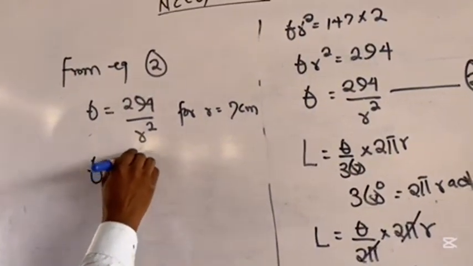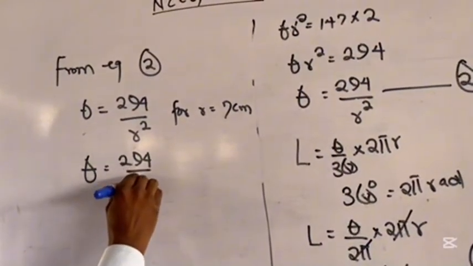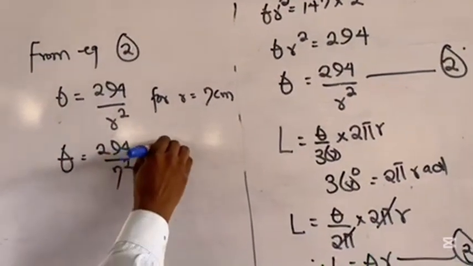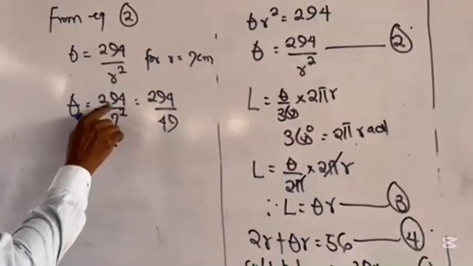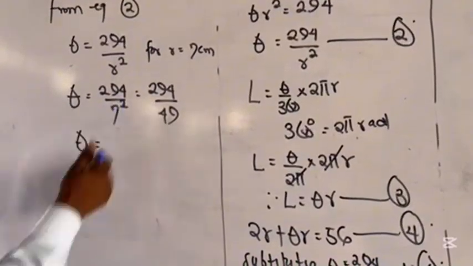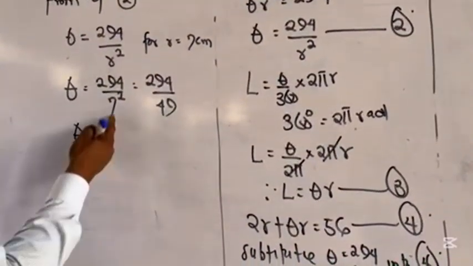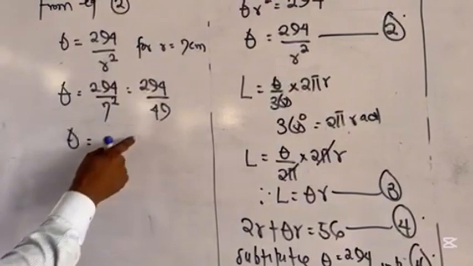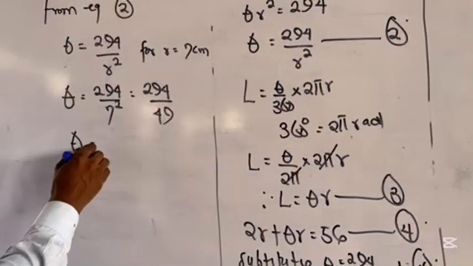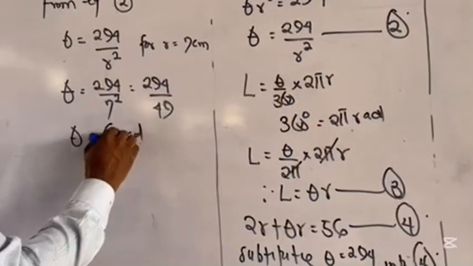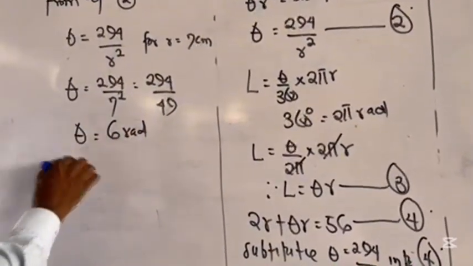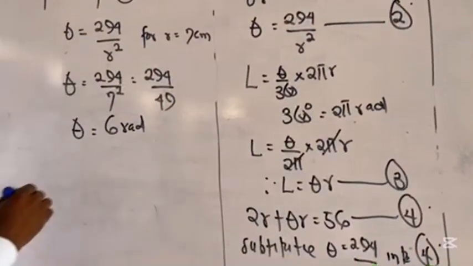Theta will give us 294 over 7 squared, which is 294 over 49, because 7 squared is 49. If 294 goes into 49, we're going to be left with 6 radian. Remember, they say theta is in radian, so it's now 6 radian.